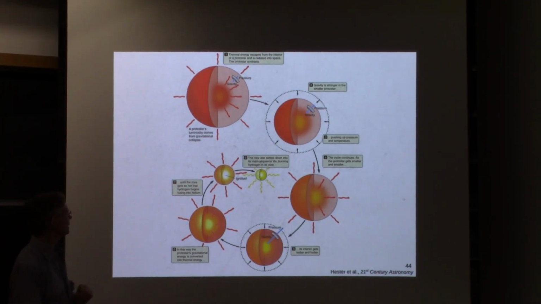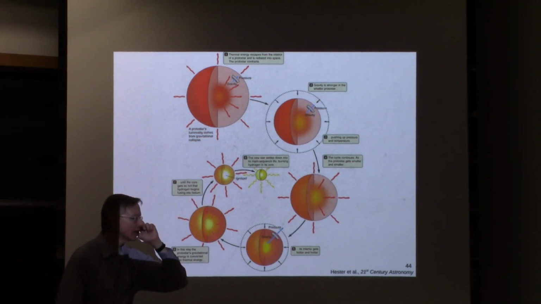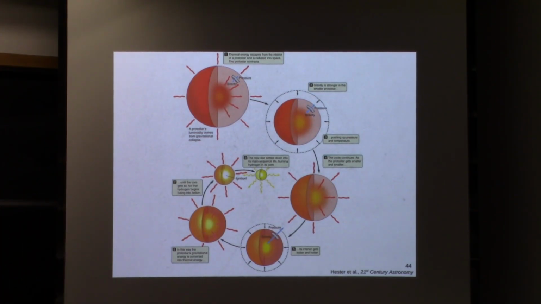Hydrogen begins fusing into helium at a temperature of, what's the ignition point for the proton-proton chain? Do you remember? Roughly speaking, how many Kelvin initiates hydrogen fusion? About 10 million Kelvin, yeah.